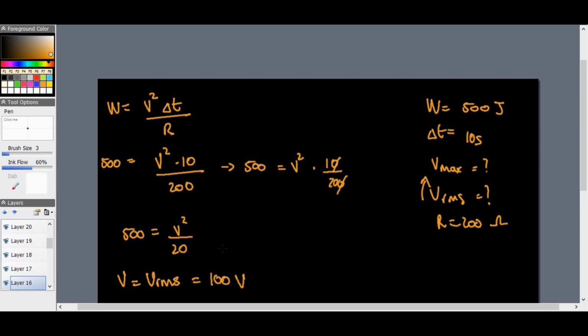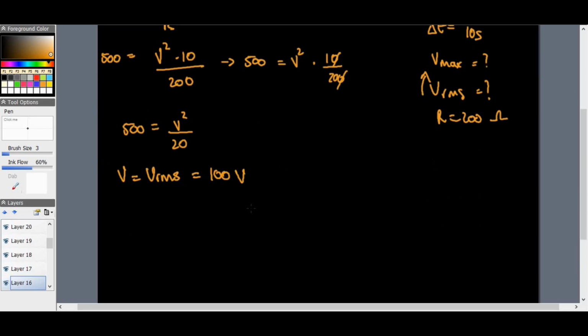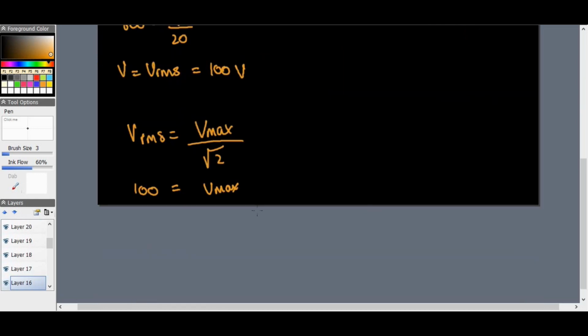Okay, this voltage is equal to Vrms, and it's equal to 100 volts. So if it's not maximum voltage, it's RMS voltage. Now we can use the formula: Vrms is equal to Vmax divided by square root 2. So we've got 100 is equal to Vmax, which we don't know yet, divided by square root 2.